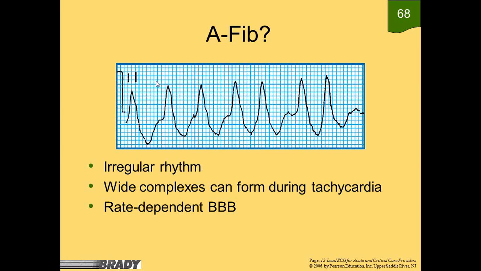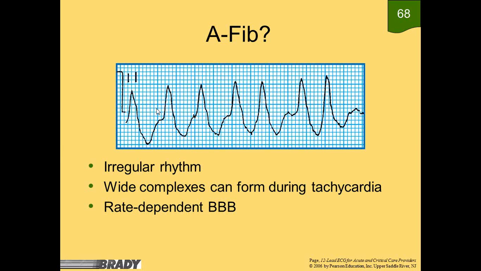So we need to make sure it's not A-Fib, because when we talked about bundle branch blocks, you get wide complexes that's called rate-dependent bundle branch block. So if you get A-Fib that's going really fast, you can get that bundle branch block, which will widen your QRSs. And you can kind of see the notches here that would make you think about that.